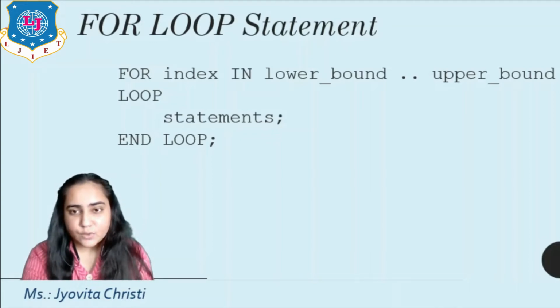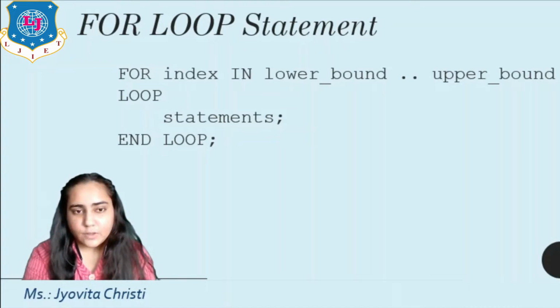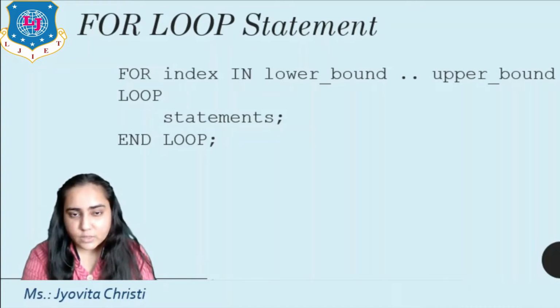When index is greater than upper bound, the loop terminates and control transfers to the statement after the for loop statement. If lower bound is equal to upper bound, the statements execute only once. When lower bound is greater than upper bound, the statements do not execute at all.